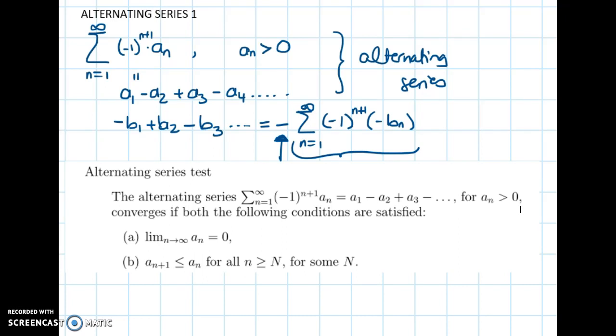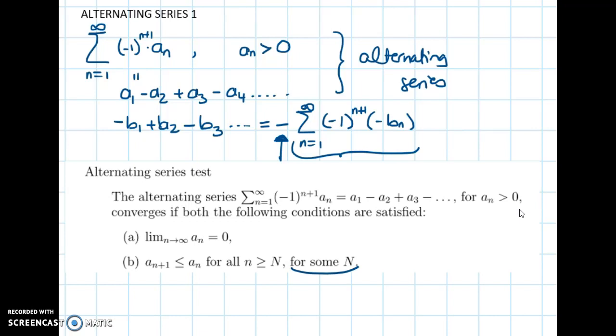We need the limit of the an terms, so the terms without the sign, to be 0. And then we need to make sure that at least after some point, so that's what this n is doing, so at least for the values of n that are greater than some cutting point, capital N, the terms of the sequence an plus 1 has to be less or equal than an, so that the terms of the sequence are in absolute value getting smaller and smaller.